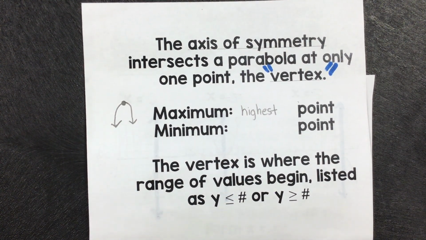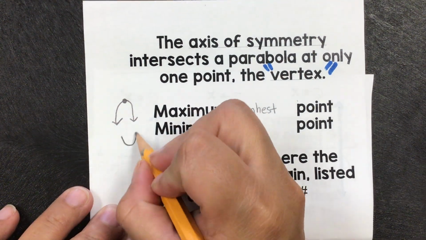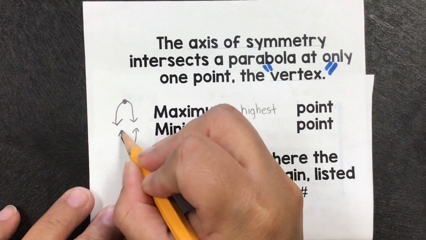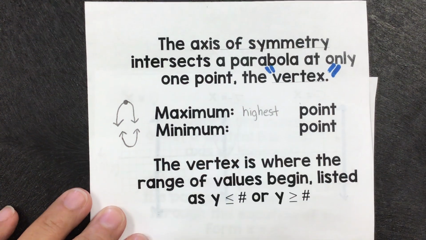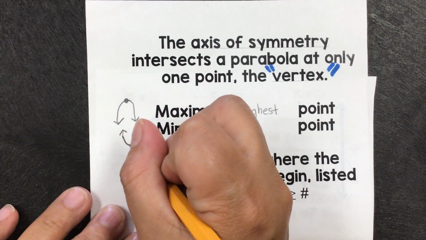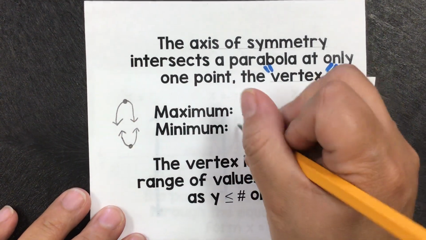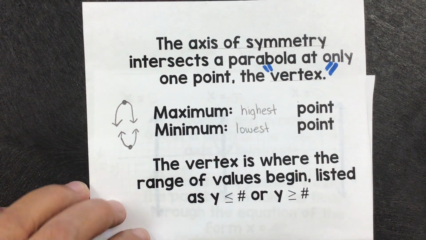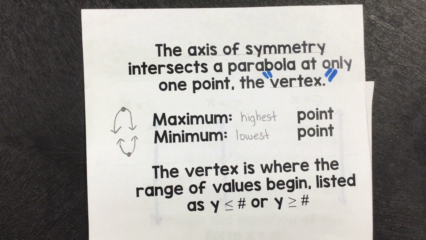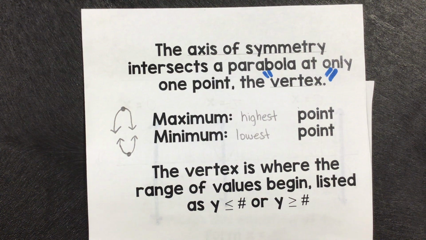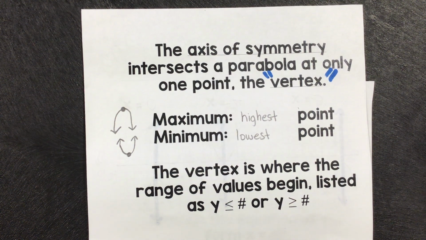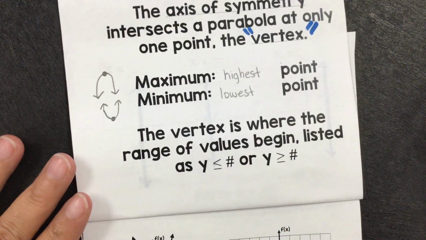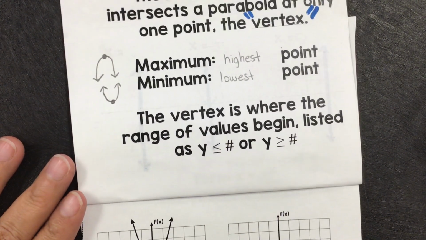If it's an upward facing, smiley face looking deal, the minimum is its lowest point. The vertex is where the range of the values begin, listed as y is greater than or equal to, or y is less than or equal to.